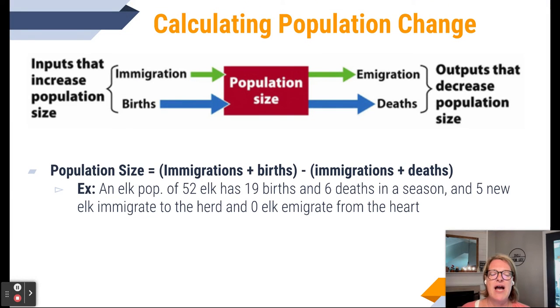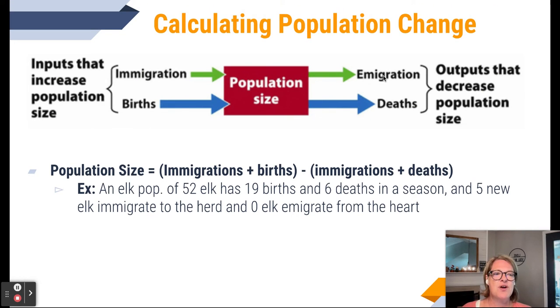All right, how do we calculate the population change? We're going to be doing this a lot in the next sets of notes here, but you need to know that inputs increase the population. So the different inputs involved in population change are birth rate, or the number of births, and the number of individuals that immigrate into an area.